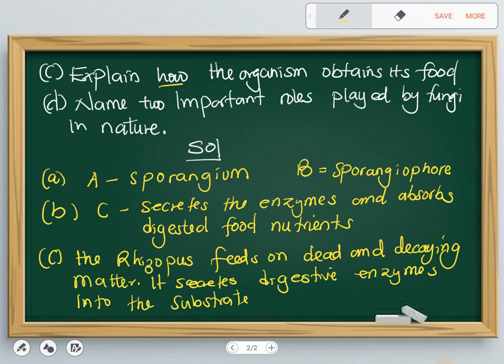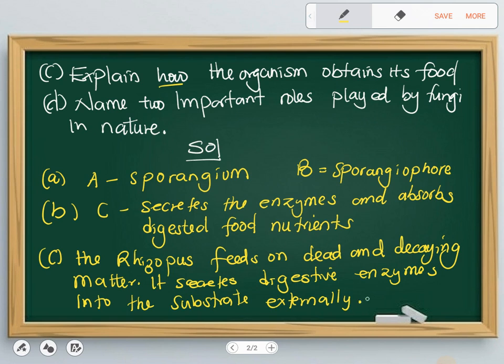Once that enzyme finds itself on the matter, it gets digested. This occurs in an external way. These are extracellular enzymes. They are not intracellular enzymes, because they are secreted outside, onto the substrate.